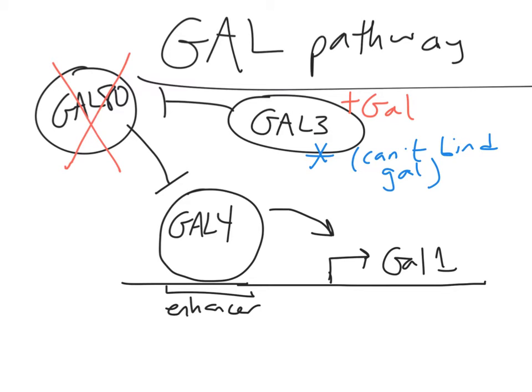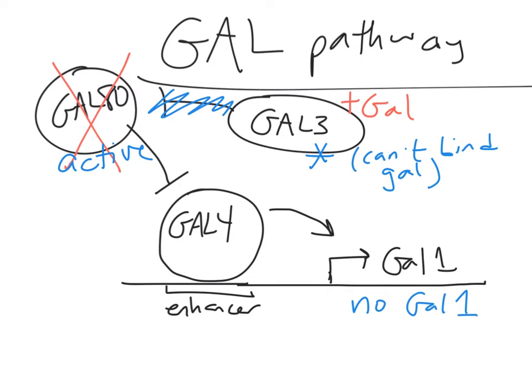So is gal80 going to be active or inactive? Active, right. So if gal3 is not able to bind galactose, it can't do this step. So then gal80 would be active, gal4 would be repressed, and there would be no gal1 produced.